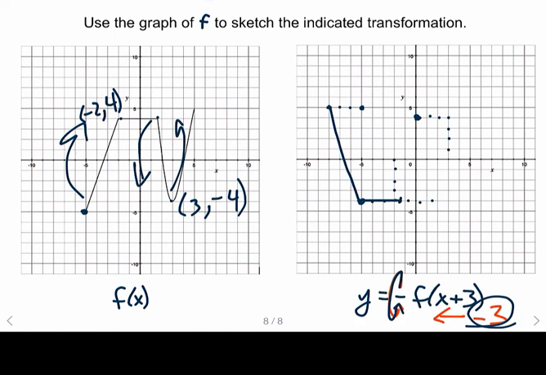Finally, we have the point (5, 5), and that's going to land first at (5, -5), and then move to the left by 3 units. And so here we have what will now become a local maximum, and this is what it looks like to flip or reflect and then translate the graph over 3 units.